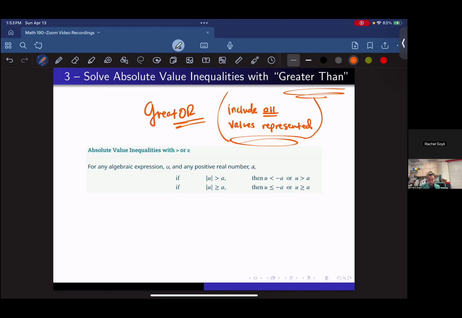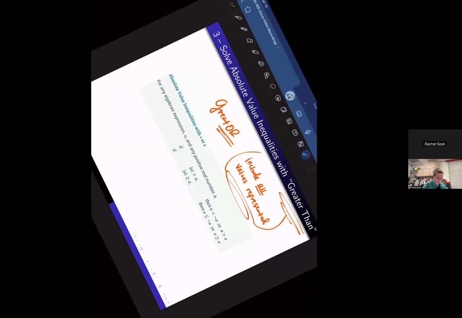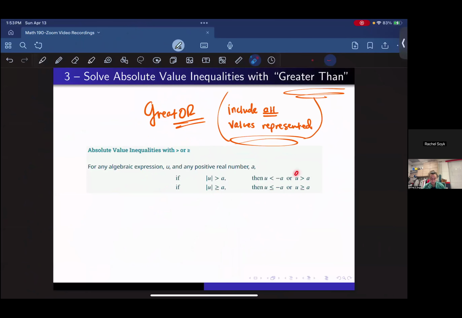When we have the absolute value of u is greater than a, then we're looking at all values where u is less than negative a, or all values where u is greater than a. Same concept if you're dealing with greater than or equal to.